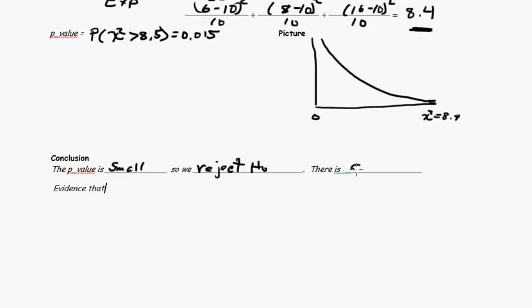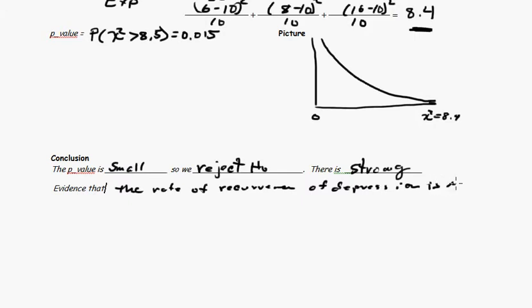So there is strong evidence that the rate of recurrence of depression is not the same for all three treatments.